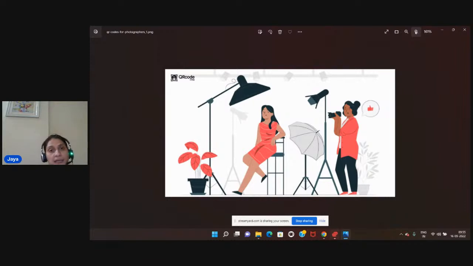So while displaying that QR code, because many times you can't carry the actual album, you have that card where you can just display this QR code, and when the client scans it, he gets to the final page where your album is. He can look at the amazing pics which you have taken, and the videos. So this is the easiest way you can provide it.